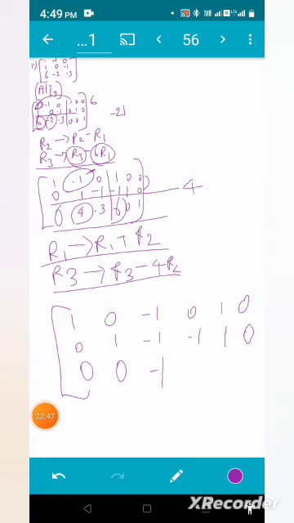Minus 3 minus of minus 4 is plus 4, so we get plus 1 here.